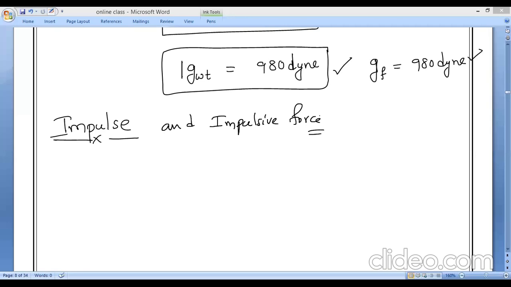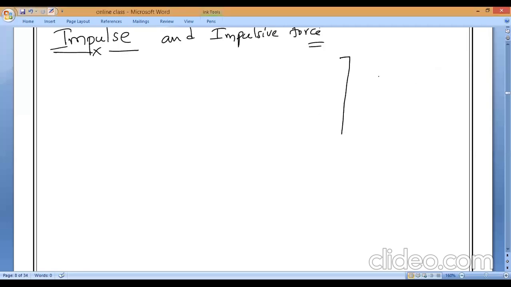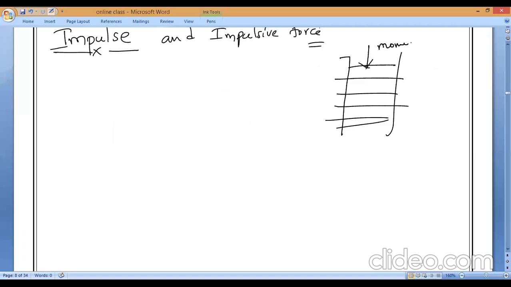Like a karate person, he is trying to break a very big pile of tiles with a single shot. How is he breaking them in a single shot? Because he is applying a huge amount of force, and within a fraction of a second, the velocity becomes 0.